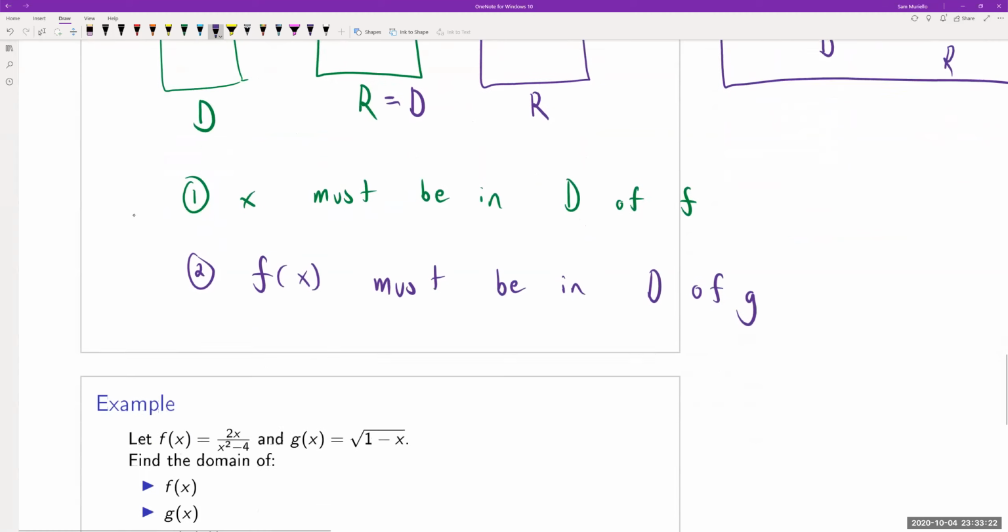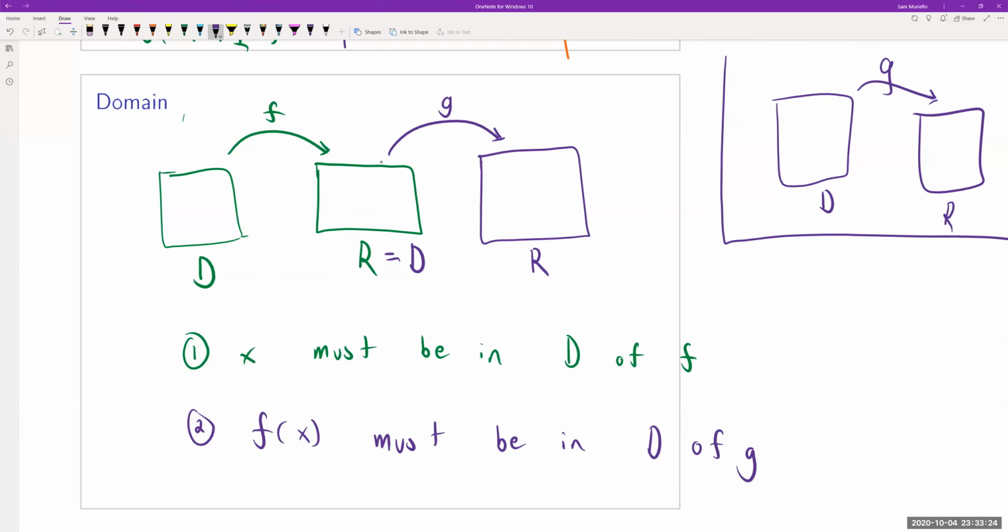We can summarize this. Oh, I guess I didn't copy the theorem over. That's the idea here. My original input x must be in the domain of f. f of x must be in the domain of g.